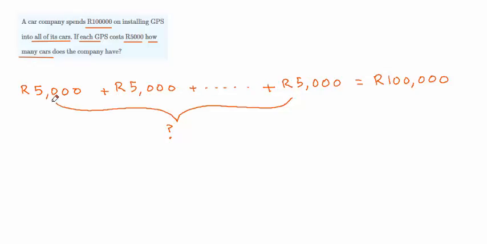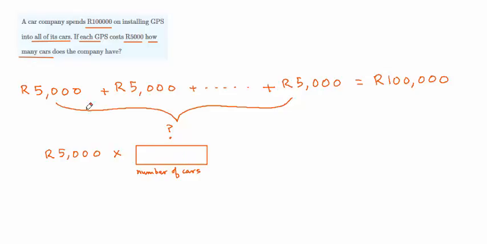Now, as you could see, this left hand side of the equal sign can be written as a multiplication sentence because the same number 5,000 is being added to itself over and over again. So we could say all of this is equal to 5,000 Rand times a certain number, and this number is actually the number of cars.